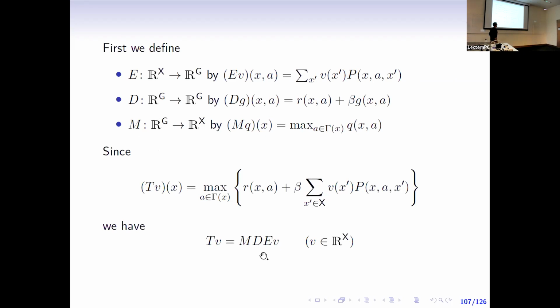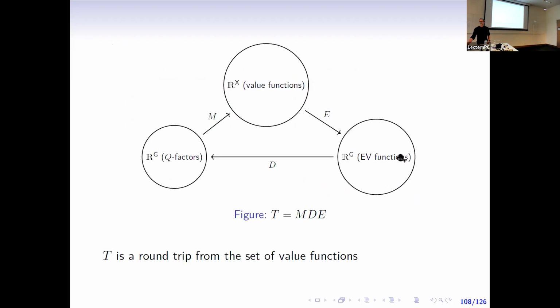So we've now decomposed T into three operators. I can think of the action of the Bellman operator as: I take a value function and I apply E and then D and then M. That's one update. That's applying the Bellman operator once. That's a round trip from up the top here, coming around.